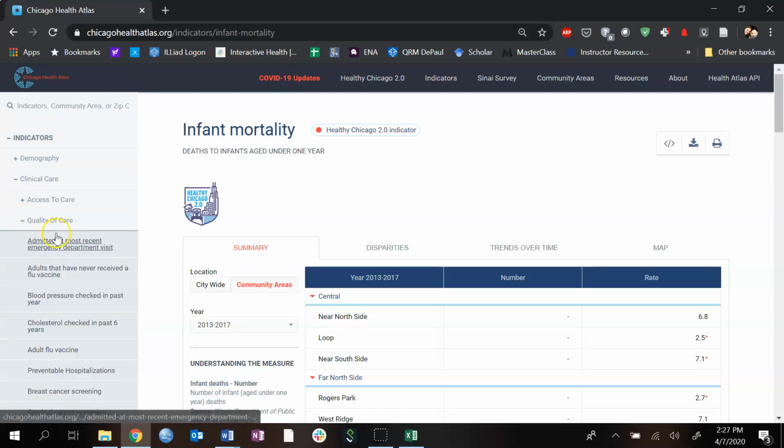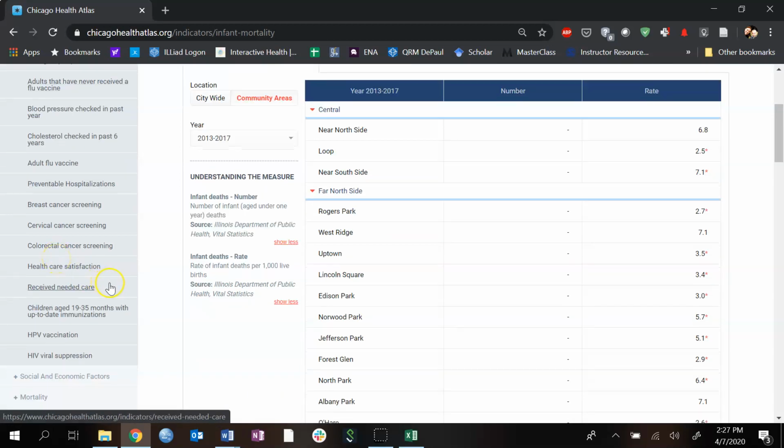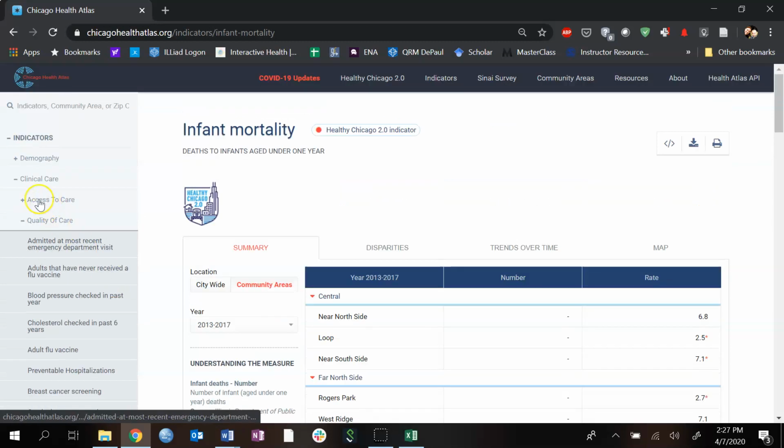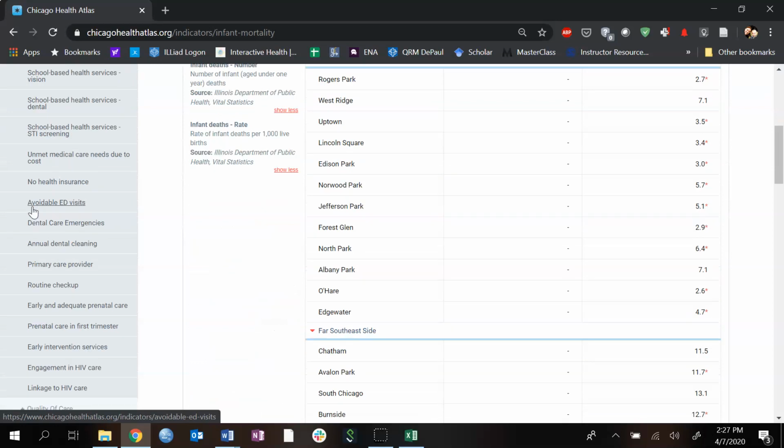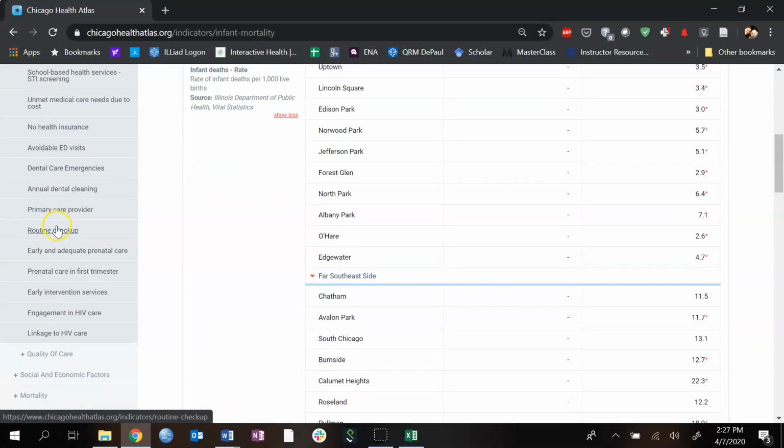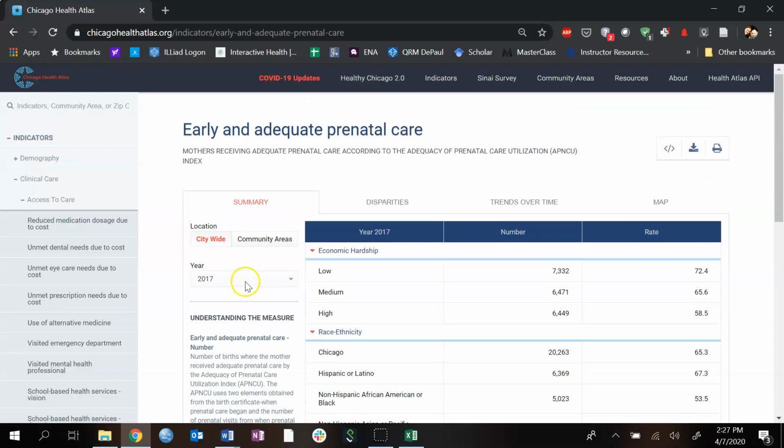There's a prenatal care measure here, maybe access to care. Let's take a look. Prenatal care, so we've got early and adequate prenatal care. That's one variable I could use. I think that prenatal care is probably related to infant mortality in several different ways. So that's why I'm kind of interested in it.